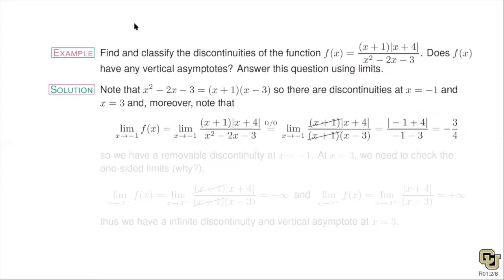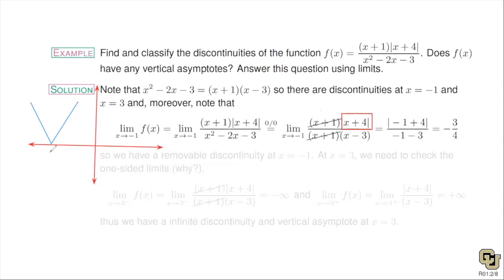I do want to make one comment here. When I was taking the limit, I did not do anything about the absolute value function. I just left this as an absolute value. Why? Because the absolute value of x plus 4 will change its definition around the number -4.